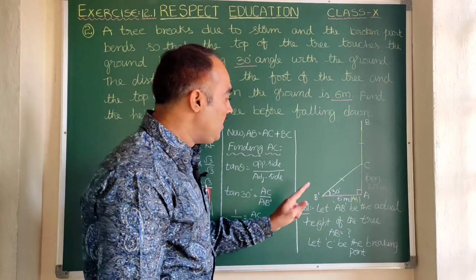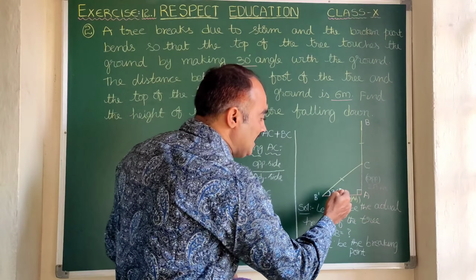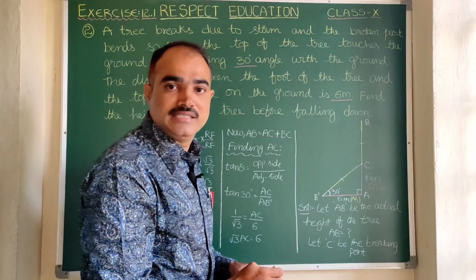First one, if we apply Pythagoras theorem, then AC square plus AB dash square is equal to B dash C square.